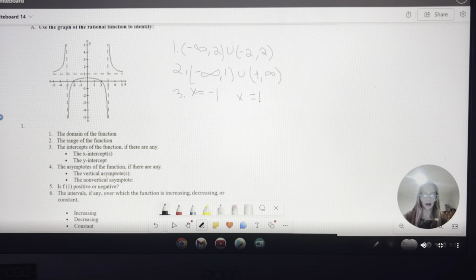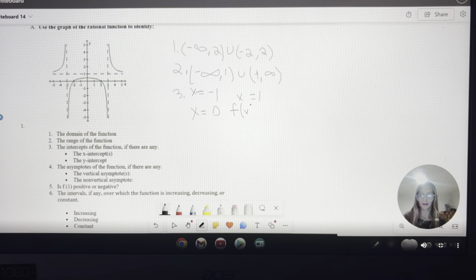And the y-intercept is where the graph crosses the y-axis. So that would be 0, negative 1. And f of x equals negative 1 actually.